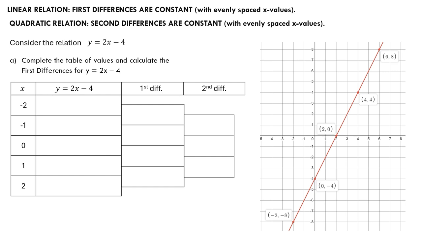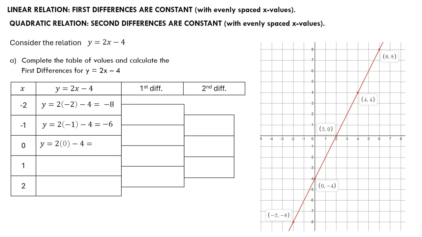So we're building ourselves a little table of values here. We plug the -2 in for x, and we get a result of -8. So our first coordinate pair is going to be -2, -8. Then, plugging in -1 for the x value, we're given a value of -6.